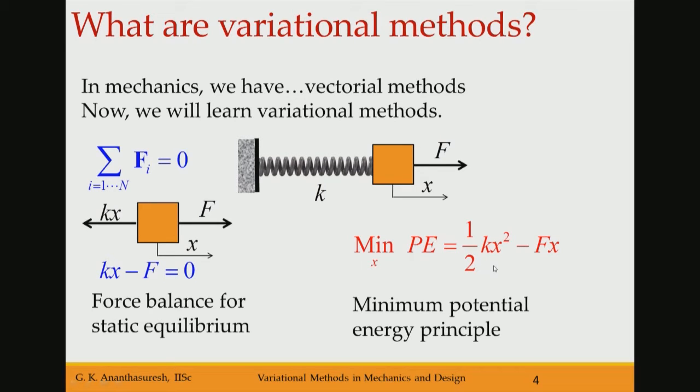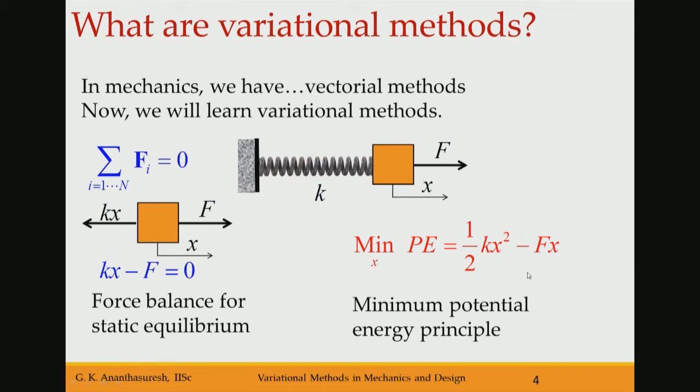Half k x square, when I take the derivative, I get k x, because half and this 2 become unity. And then F x, if I take the derivative, that is going to be F. This is a quadratic term and this is a linear term. This will become k x, like here, minus F, like here, equal to 0.